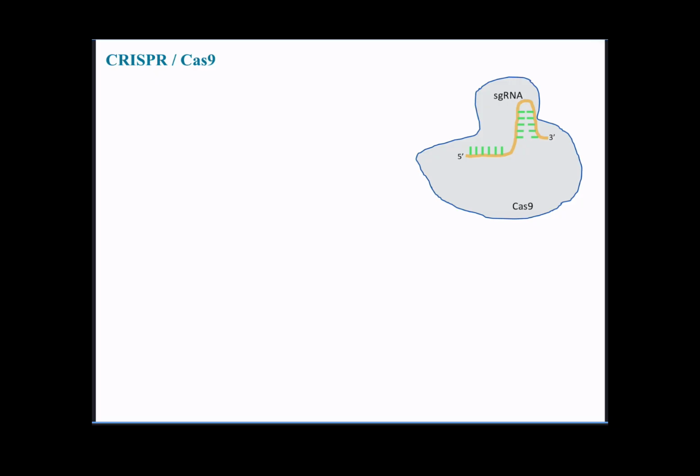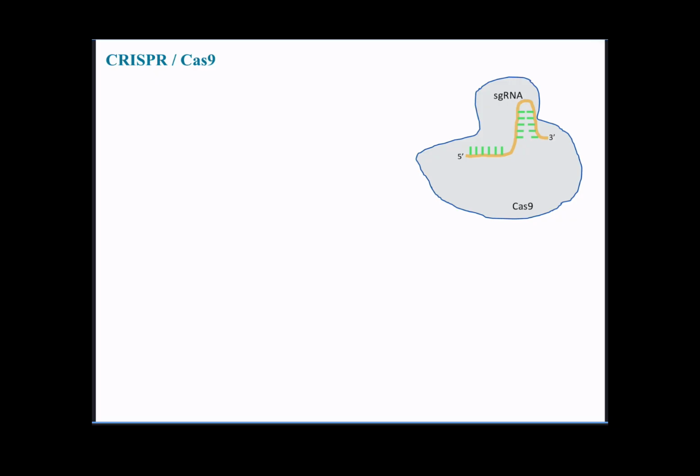The enzyme that does the cutting of the invading DNA in bacteria is called Cas9, and that enzyme uses a molecule that we call a single-stranded guide RNA, or sgRNA, to find its target sequence.